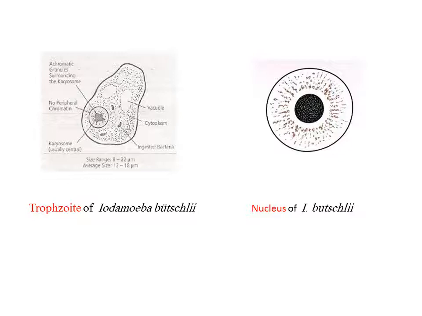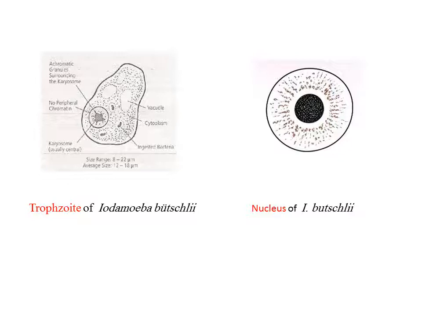This nucleus does not have peripheral chromatin. The nucleus of this stage has just a nuclear membrane, and inside it there is a large karyosome, usually in a central position.